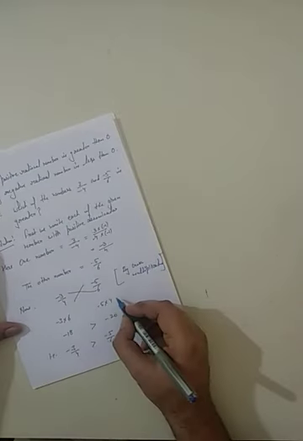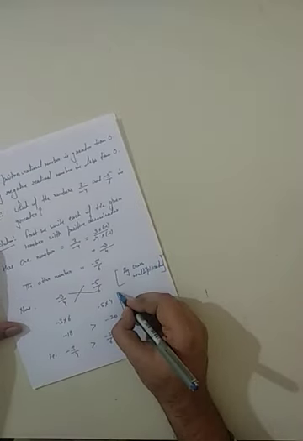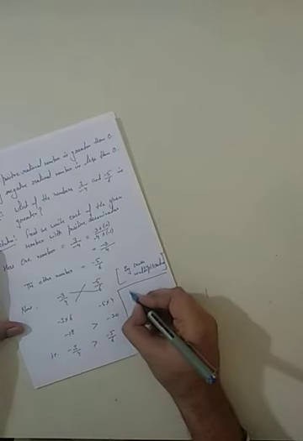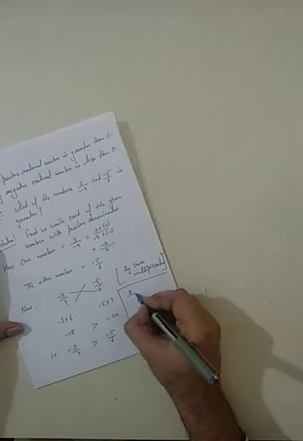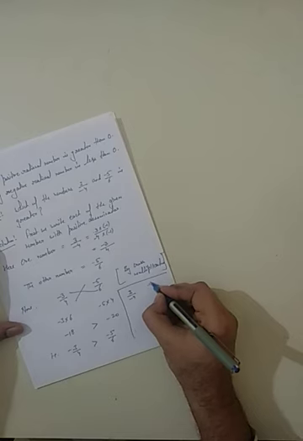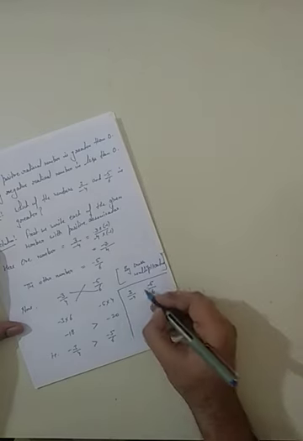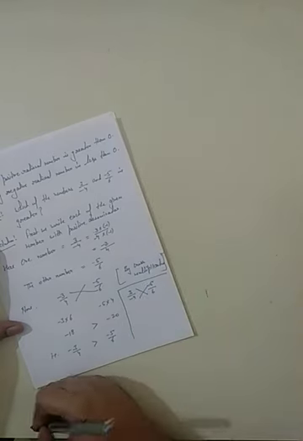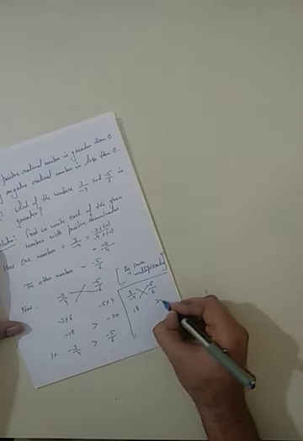But some students have some problem in this type of question. They said, sir, we can also do it this way: 3 by minus 4 and minus 5 by 6, and do cross multiplication, then it becomes 18 and here it becomes 18.